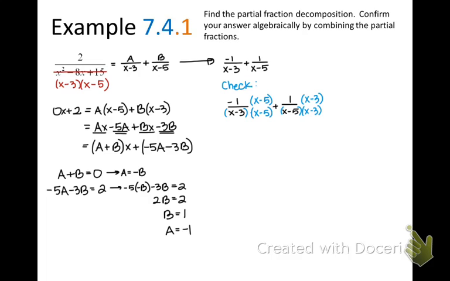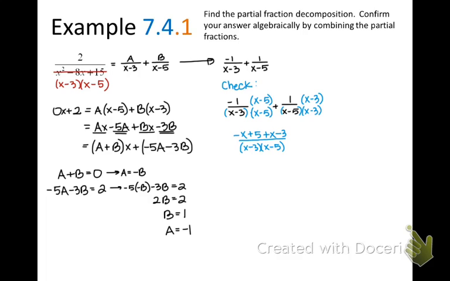All right, so take a look at what happens. On top, you're multiplying a negative through, right? So you're going to end up with negative x plus 5 from that fraction. Over here, it's just a plus 1, so we actually end up with just plus x minus 3 all over x minus 3 times x minus 5 for my common denominator, right?